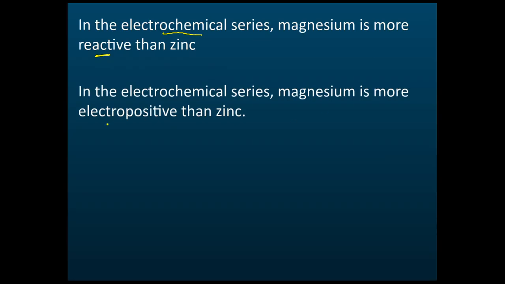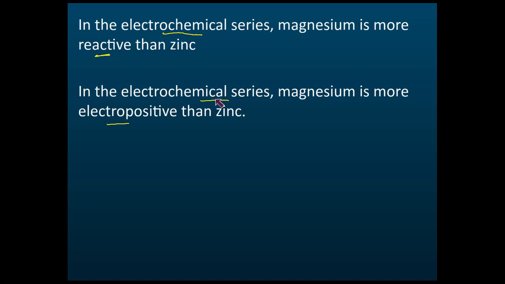The electrochemical series is obtained by comparing the voltage produced by chemicals when compared to hydrogen, actually. So it is obtained from the electrochemical cell.